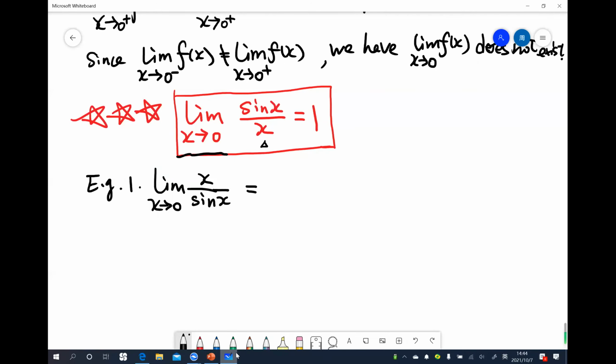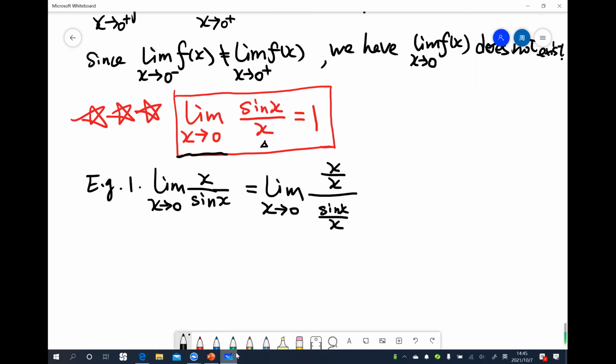So we want to get the sine x by x function. How to get the same function? We can divide x both up and down. So for this step, can you understand how I get this one?